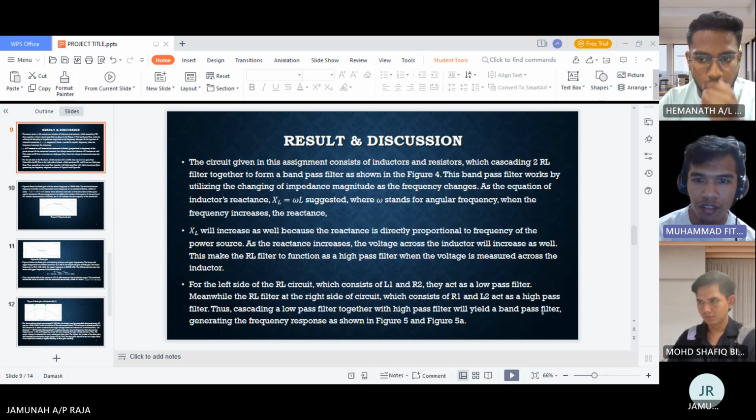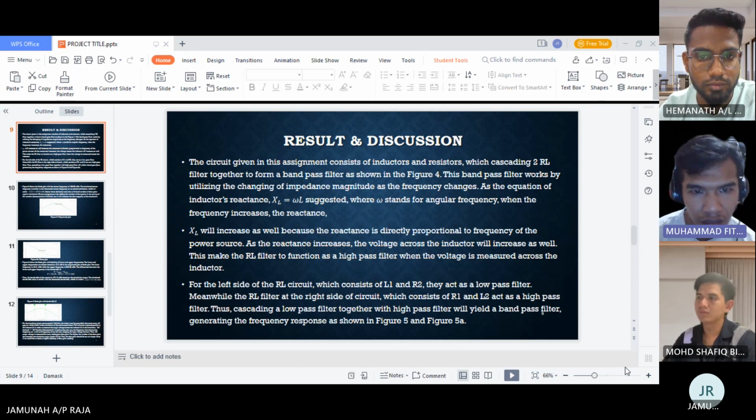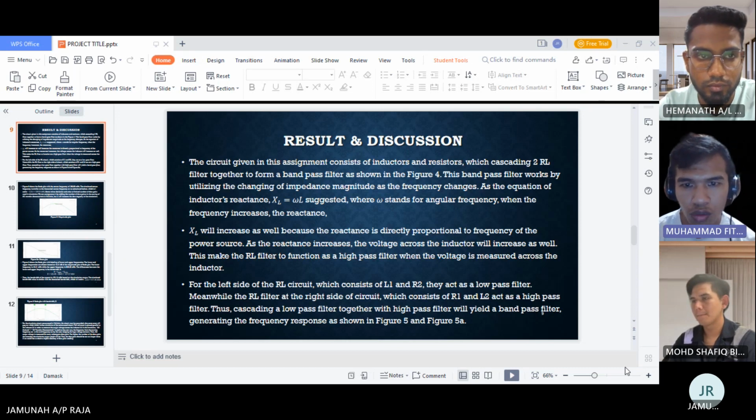This band pass filter works by utilizing the changing impedance magnitude as the frequency changes. The inductor impedance equation is SL, or jωL, where ω stands for angular frequency.